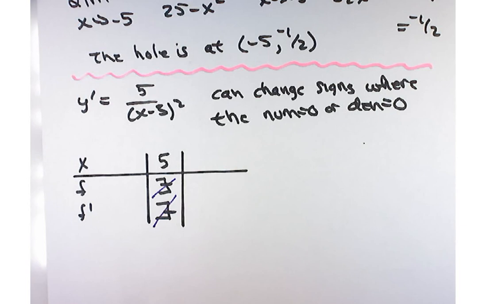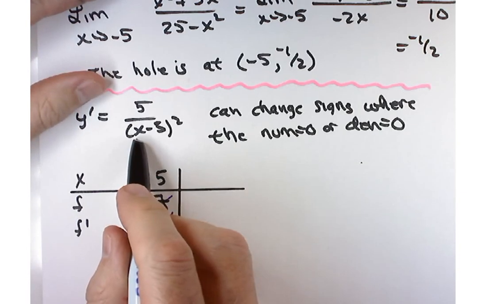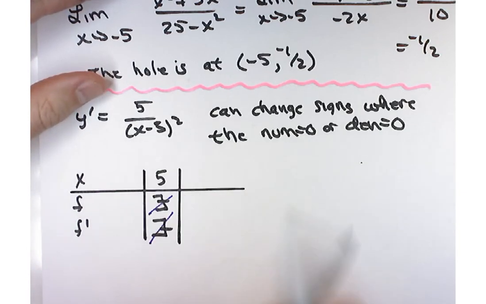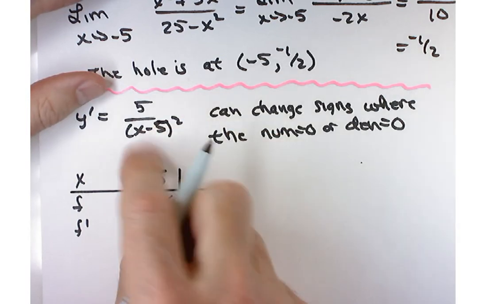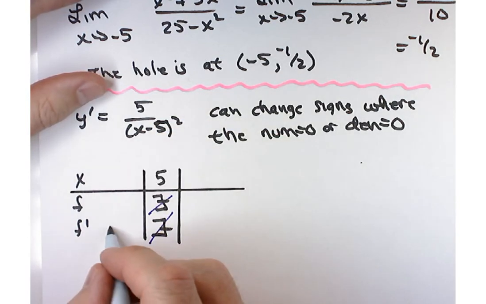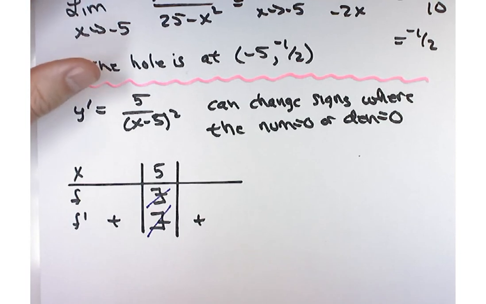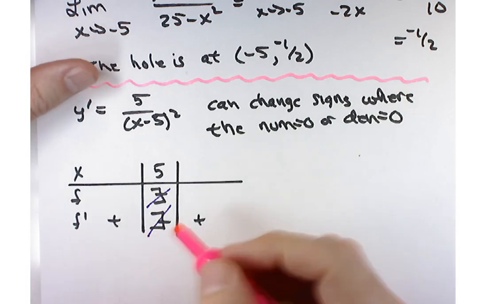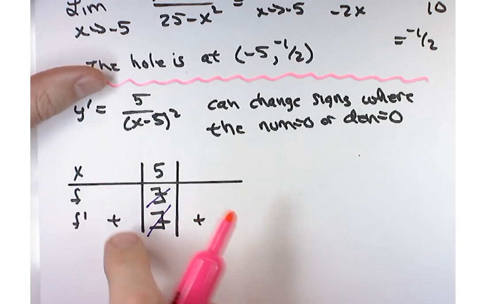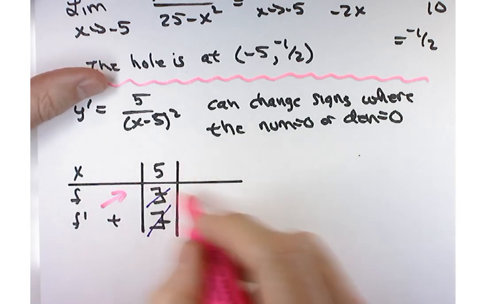But we can test either side. If I put in something in here and I square it, I'm always going to get a positive number. So it's positive and positive. What's that telling me about my function? Increasing and increasing.